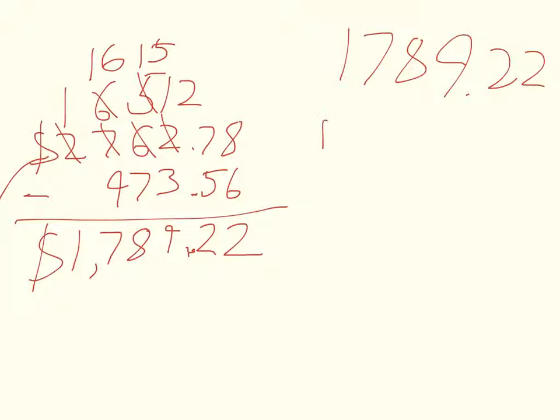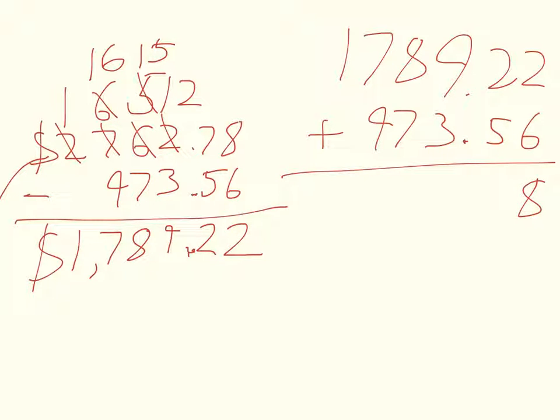$1,789.22 plus, let's line up my decimal point, 56 cents, 379. Add up: 2 plus 6 is 8, 2 plus 5 is 7, bring down my decimal point, 9 plus 3 is 12, carry the 1, 1 plus 8 is 9, plus 7, oh, that's 17.